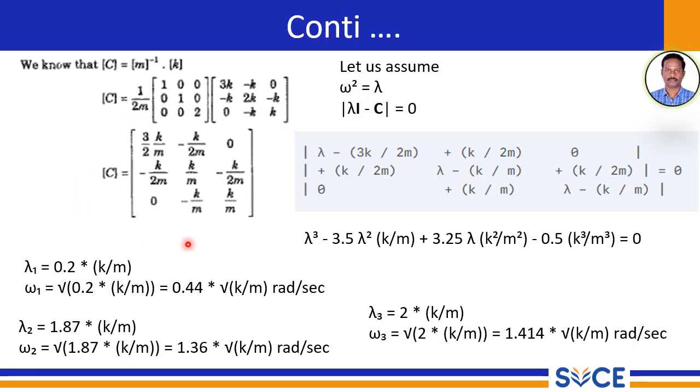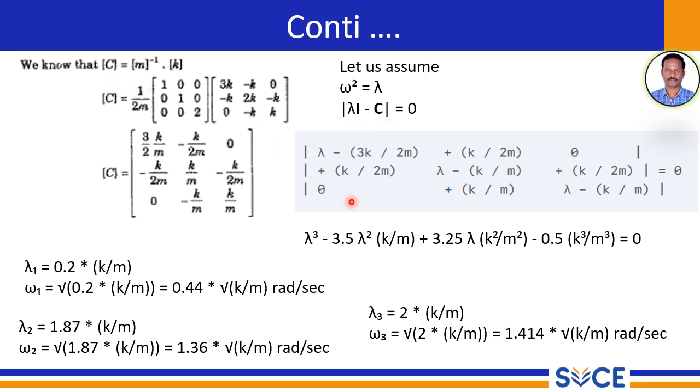We got this equation. To find the natural frequencies, we utilize the concept of eigenvalue. We assume omega square equal to lambda, where omega represents the natural frequency. The natural frequency can then be found by solving the characteristic equation, given by the determinant of lambda I minus C equal to 0, where I is the identity matrix and C is the system matrix.